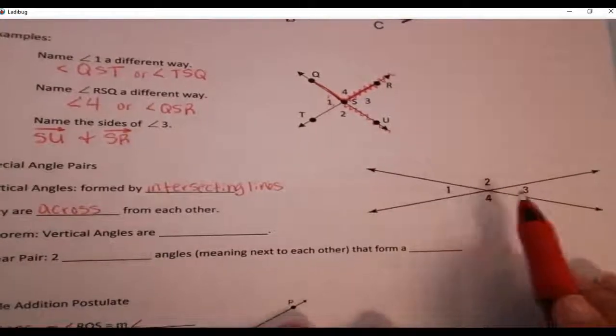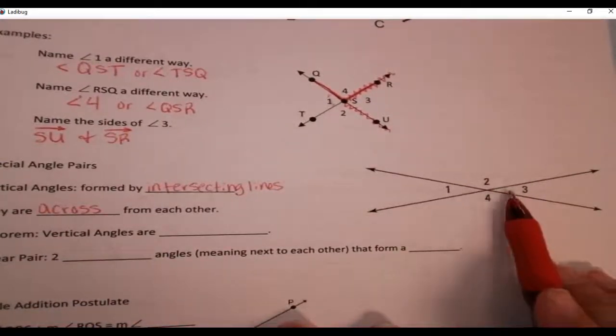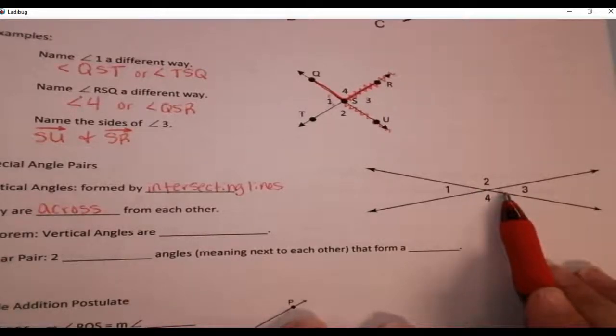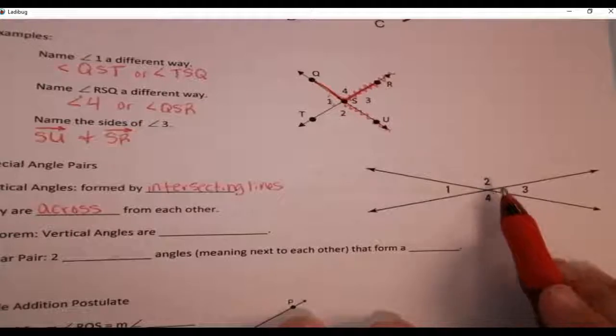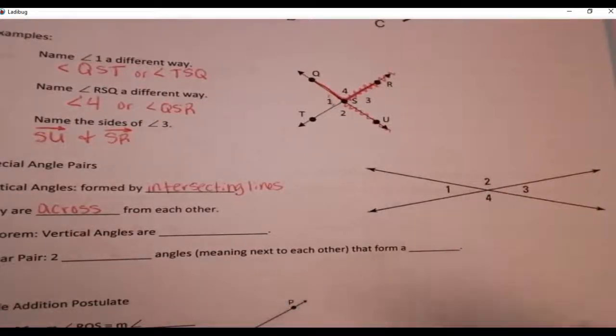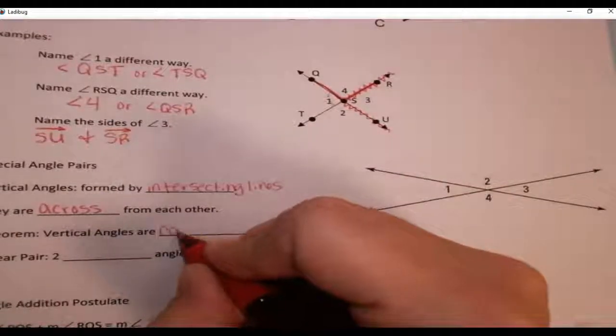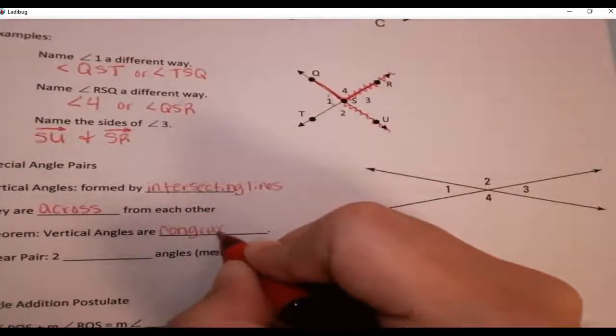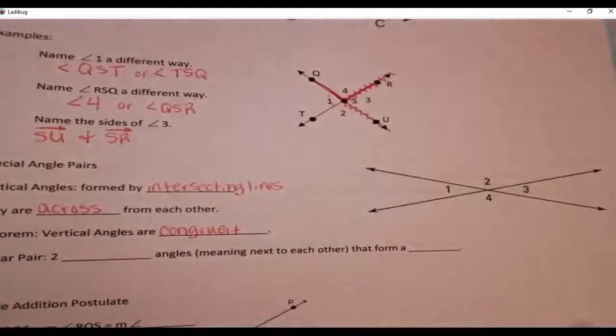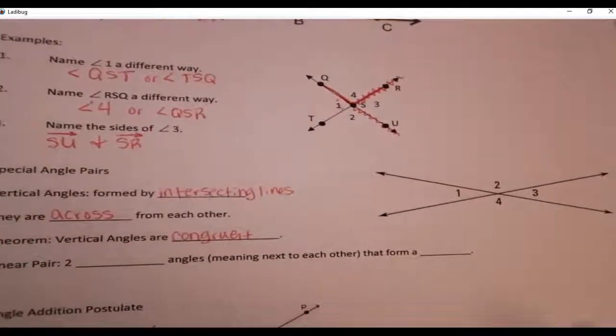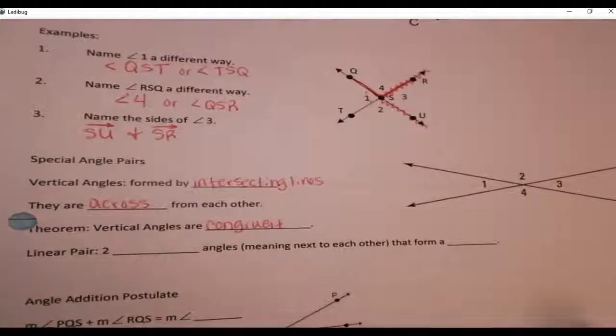If I look at 1 and 3, do they look like they're equal? Yeah. How about 2 and 4? Yeah. So vertical angles are always equal, or they're always congruent. That's something that you use a lot when we're going to be proving stuff in the next couple of days.